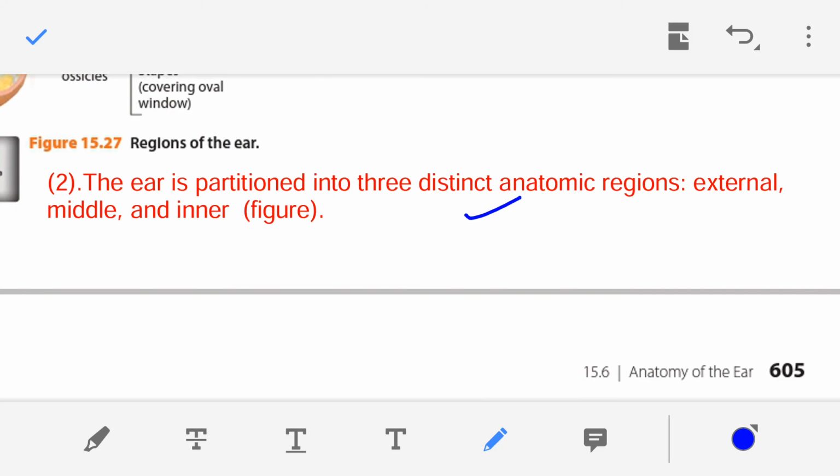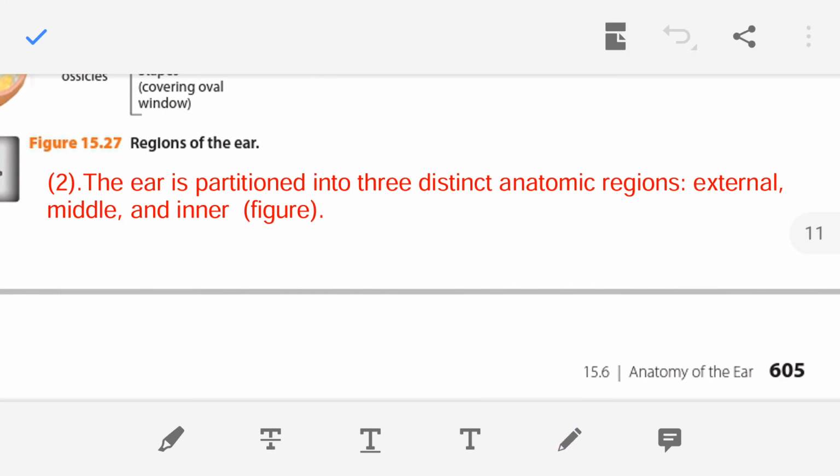One part of the ear is known as the external ear, the second or middle part is known as the middle ear, and the inner part of the ear is known as the inner ear. So these are the three divisions or regions of our ear: external ear, middle ear, and inner ear. Today in this lecture we are discussing the external or outer ear.